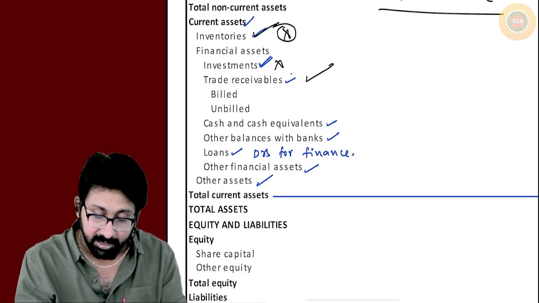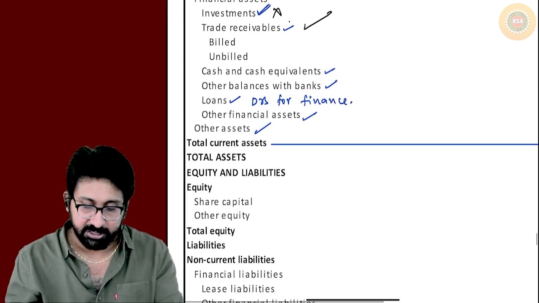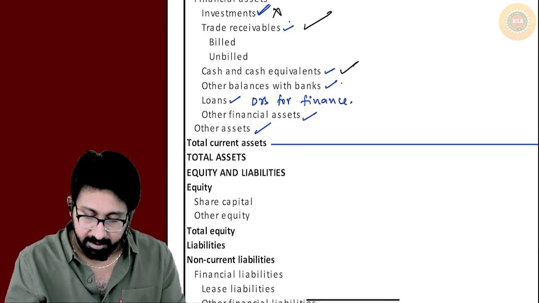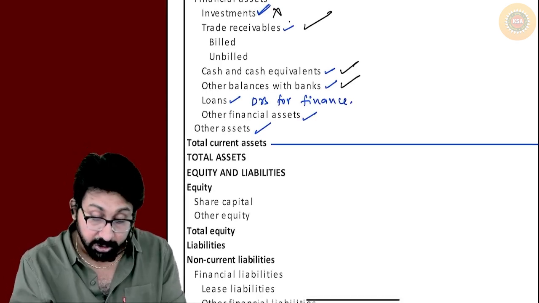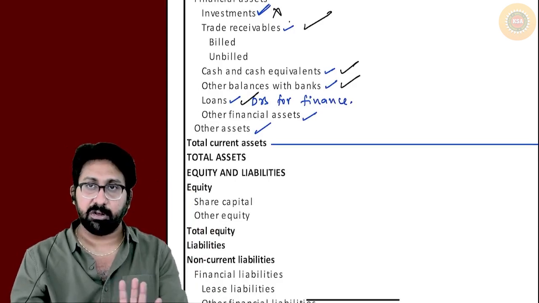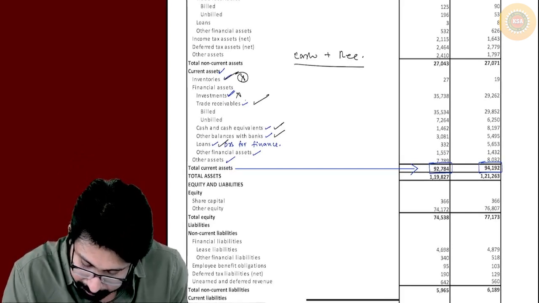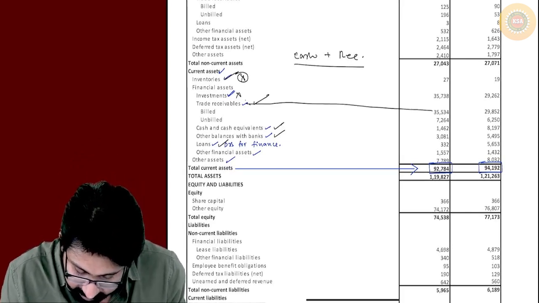Okay, next one, trade receivables. Trade receivable is a liquid asset, whether billed or unbilled. Next one, cash, liquid asset. Bank balances, liquid asset. Short-term loans, liquid assets. Other financial assets and other assets we will not take. Let us at least see them clearly.